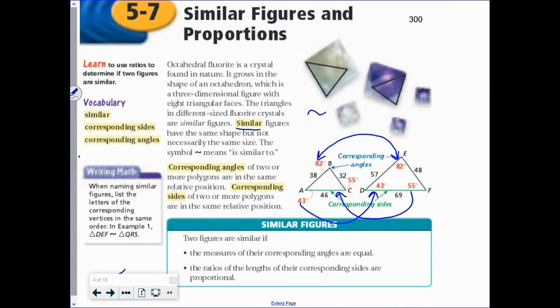And you can see that when I put the corresponding angles, largest to largest, medium to medium, smallest to smallest, that all of the angles are the same size. The corresponding angles are congruent.